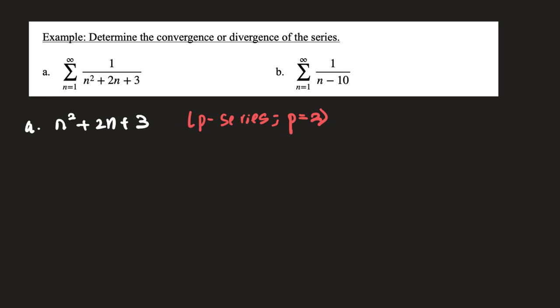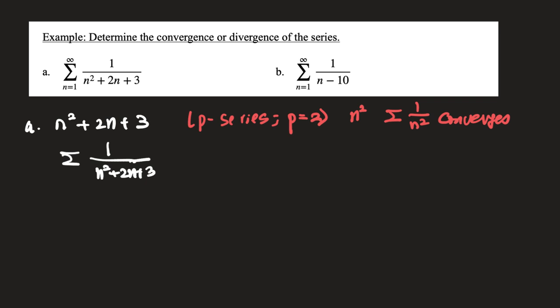Then we're thinking about n squared. So we want to compare, but you already know the summation of 1 over n squared converges. This one converges. So we might assume the summation of 1 over n squared plus 2n plus 3 might converge, but we have to prove it.